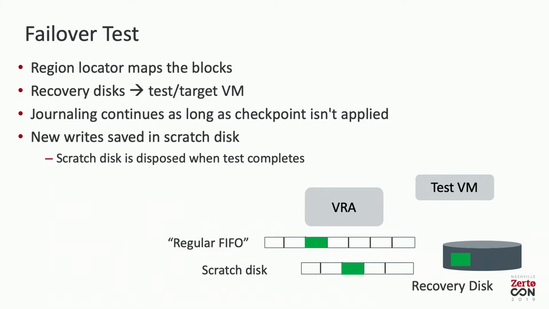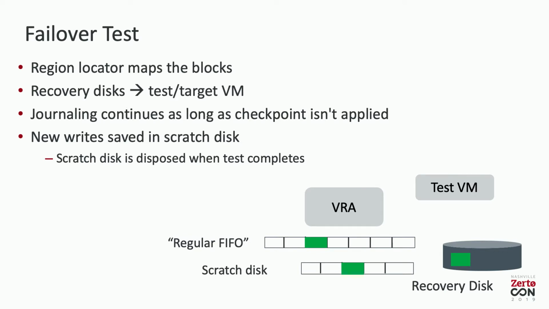Now, not writing anything to the recovery disk, not changing its data. The recovery disks are detached from the VRA and connected to the newly created test virtual machine. Now, the journaling continues.